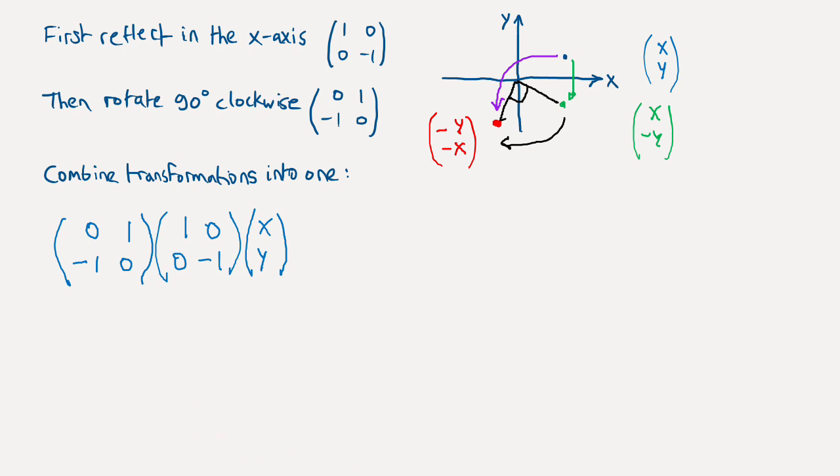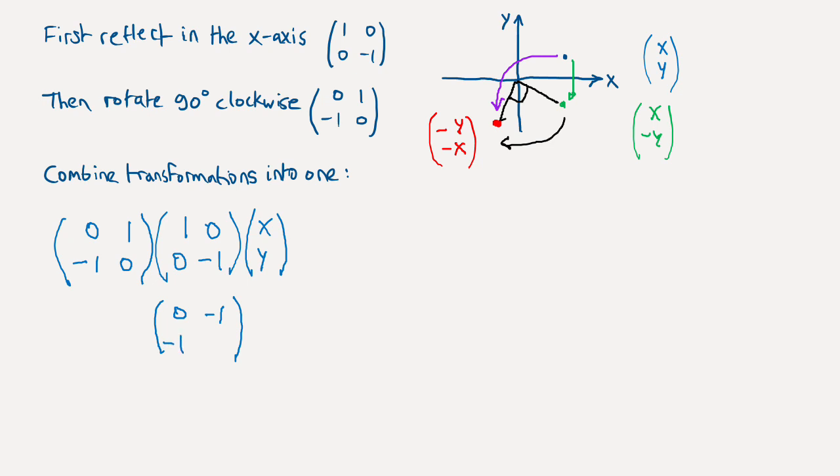So let's simplify this. So let's multiply these two matrices together. So we're going to end up with, first of all, inner product of 0, 1 with 1, 0. It's going to be 0. And then inner product of 0, 1 with 0, minus 1. So that's going to be minus 1. And inner product of minus 1, 0 with 1, 0 will be minus 1.